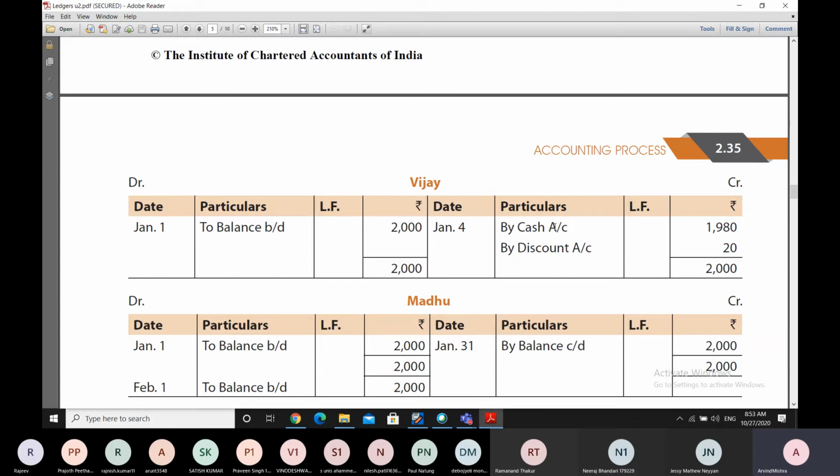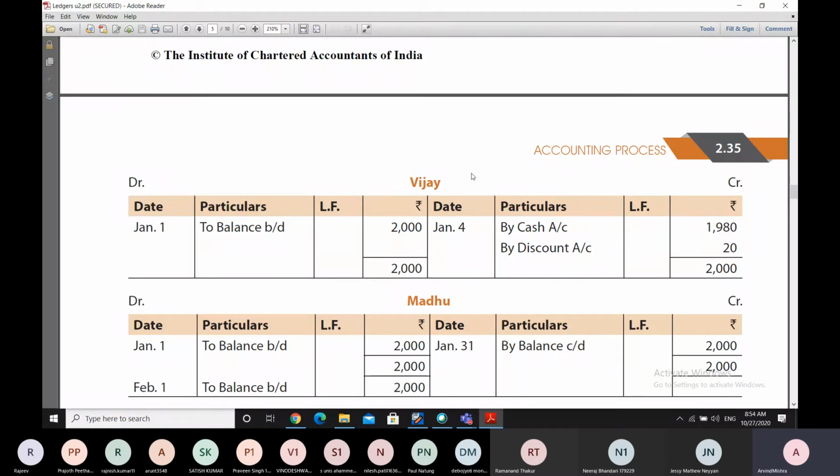And this is a cash account entry where Vijay's account is credited with 1980 because he has paid us cash of 1980 rupees, and we have debited our cash account for 1980 rupees, because this is a double entry book keeping system. So for every transaction we are making two entries.